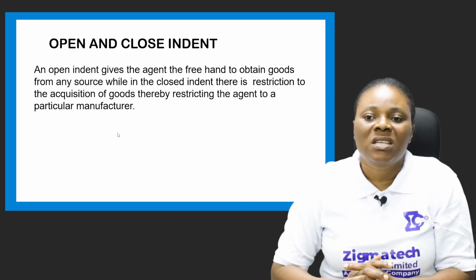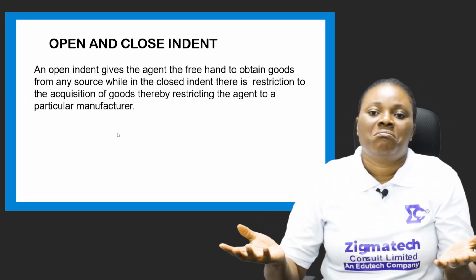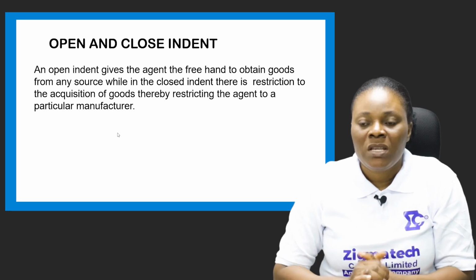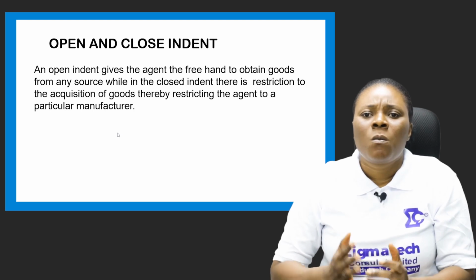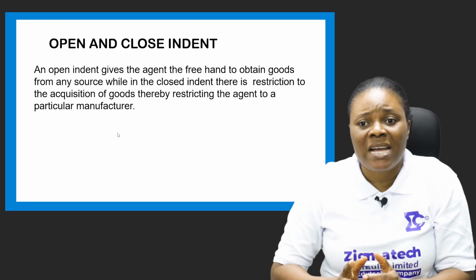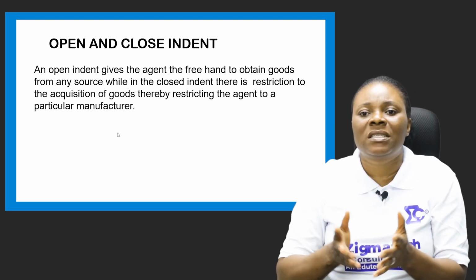This open and closed indent is mostly used for international trade. It's also used for home trade too. Now, what is this indent used for? We have two types of indent. Like I said, the indent is used to request for goods through an agent.